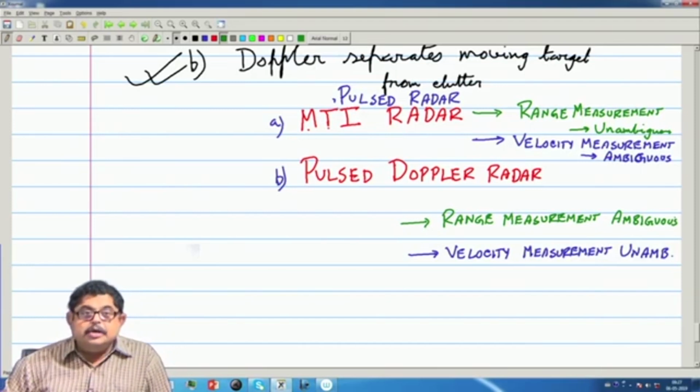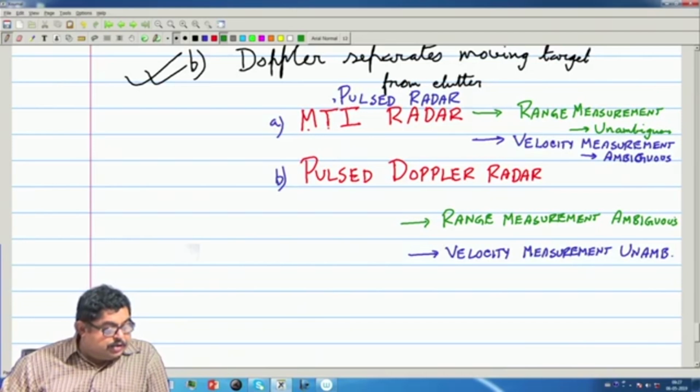Now, we will come to a typical pulse radar block diagram and we will understand that.